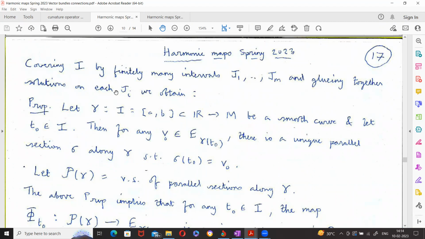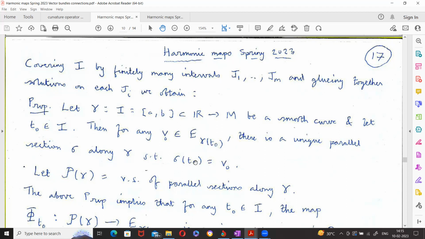together the solutions on each of these intervals Ji to get that for any curve gamma on a closed interval AB mapping into M, and for any T naught in I, if I take any vector V naught in the fiber at gamma T naught, then there is a unique parallel section sigma along gamma such that sigma of T naught is equal to V naught.